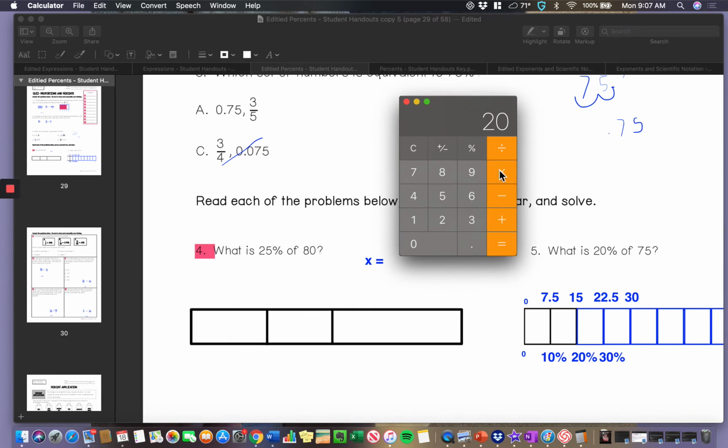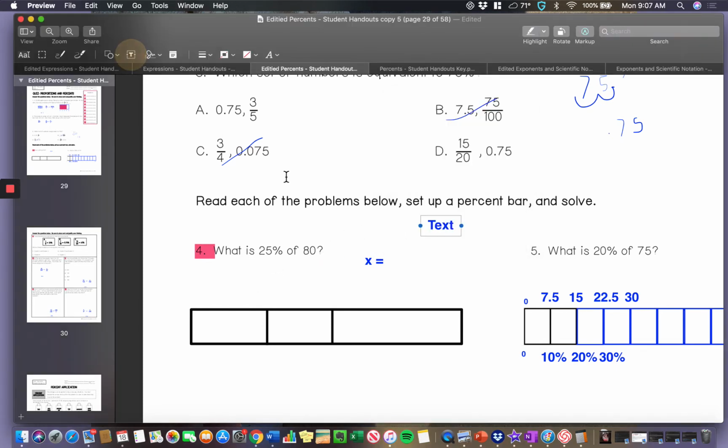And if I had 4 boxes, I could add 20 4 times or multiply it by 4, and that should give me 80. So we do know how much 25% of 80 is by using our little rules there. So you can also think of these boxes as worth 20 each.